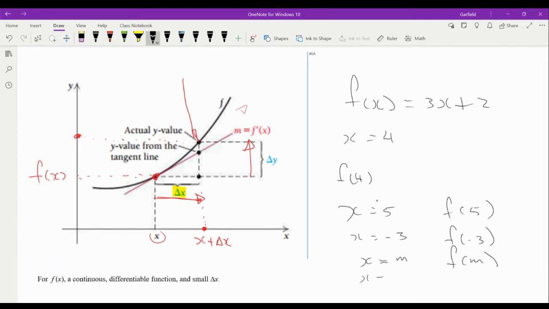Let's say x is equal to x plus delta x. What do we do? Plug in x plus delta x, right? So this becomes f of x plus delta x. Same thing here, right? Since our x value is x plus delta x, we can find a corresponding y value by letting it be f of x plus delta x.